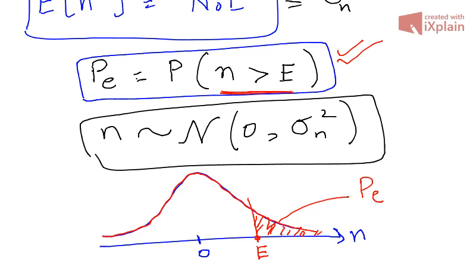So we have some positive point here, and we are interested in finding this probability.